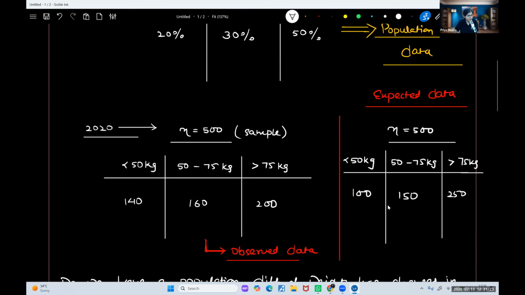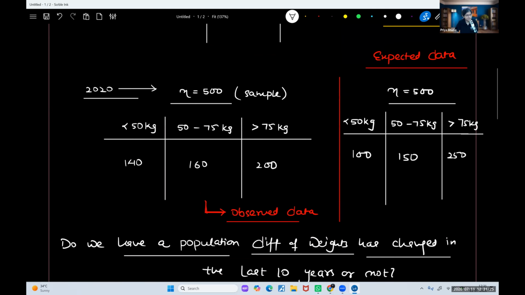So what is the observed value? This is the observed value. This is the expected value. For each category, we will be having the observed value and we will be having the expected value.